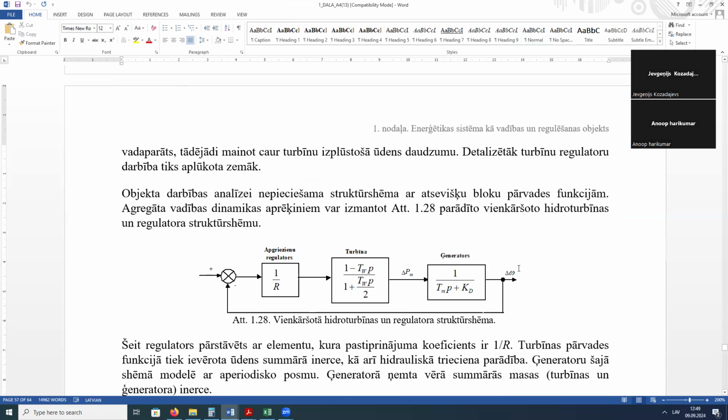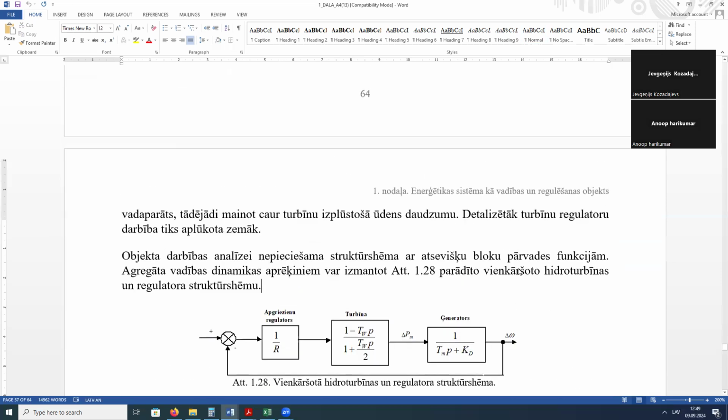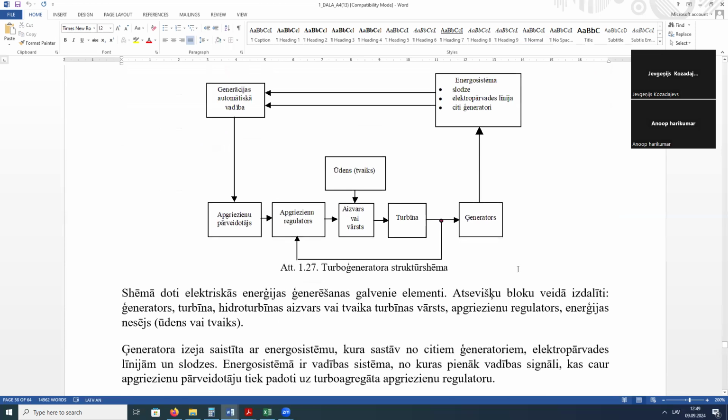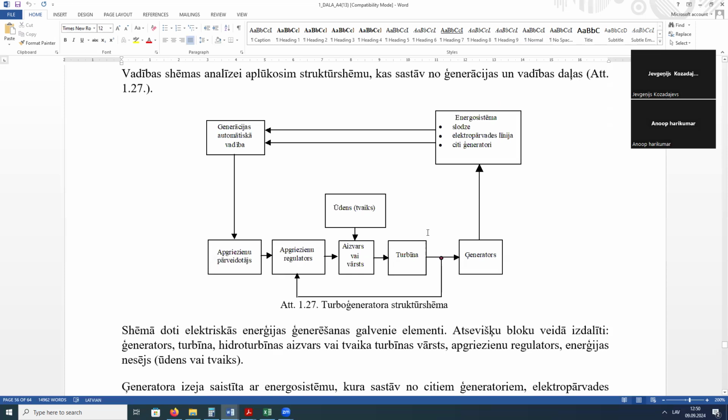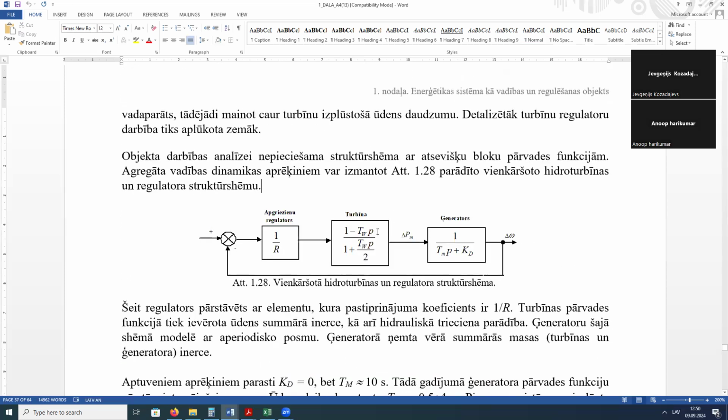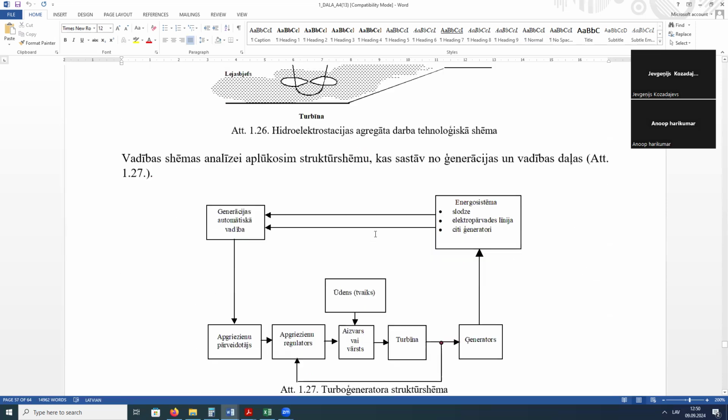For today, we continue this overall view of the power system, how it works, how it operates, and how we could model this power system with control. This is the first look at this.